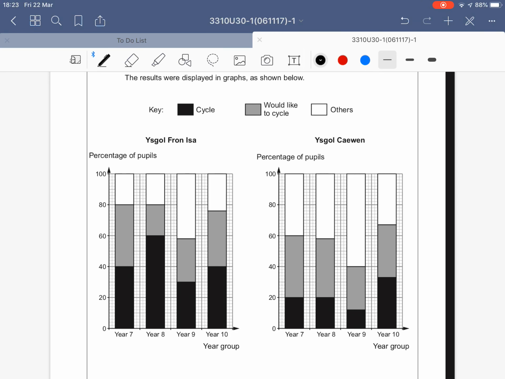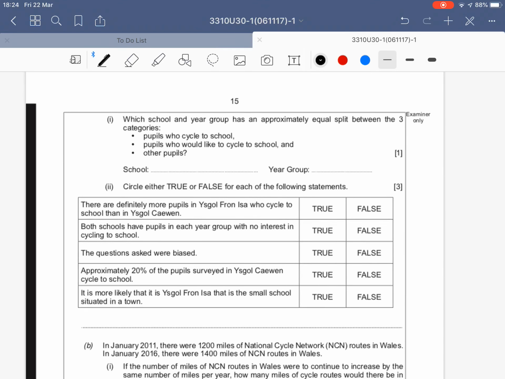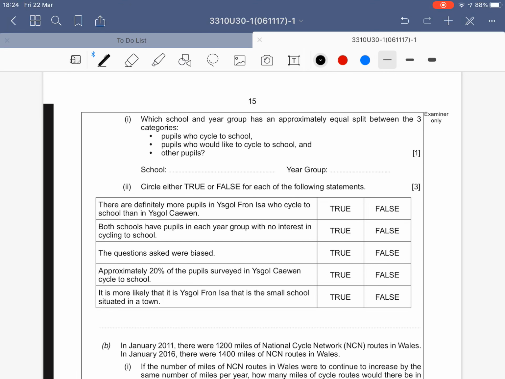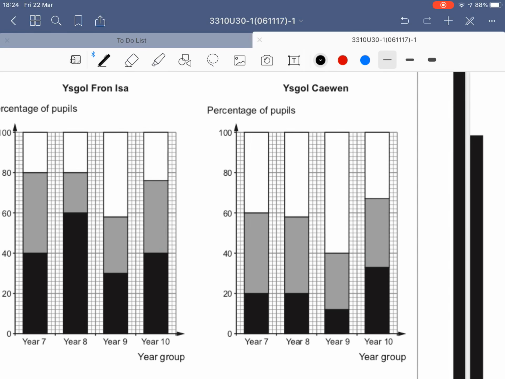So the white is others, the grey is would like to cycle, and the black is that they already cycle. So it's comparing 2 schools. First question. In which school and year group is there approximately an equal split between the 3 categories? So it's got to have an even split of all 3.